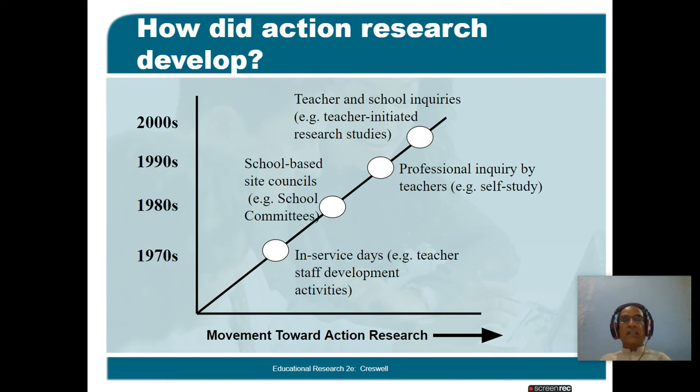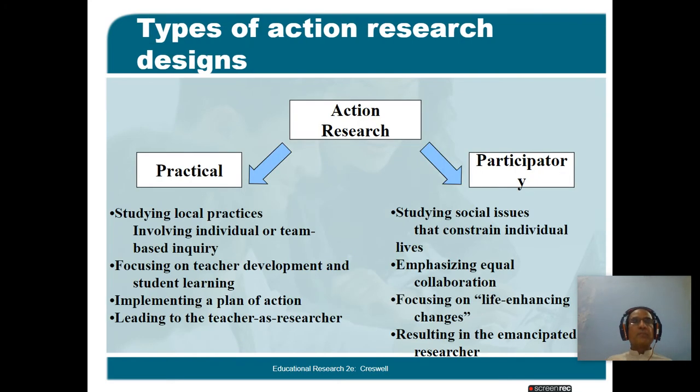In 1990, mostly teacher educators used action research for professional development and professional inquiry of teachers. In 2000, teacher and school inquiry type of research became very popular in the world. Nowadays, action research is conducted locally in different areas.